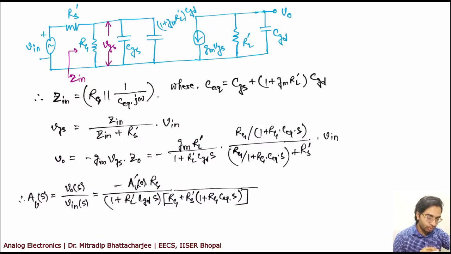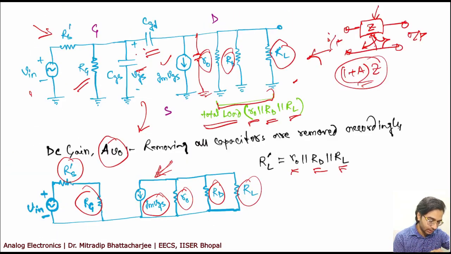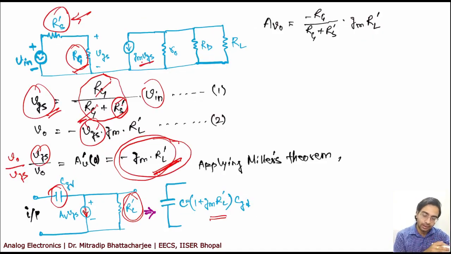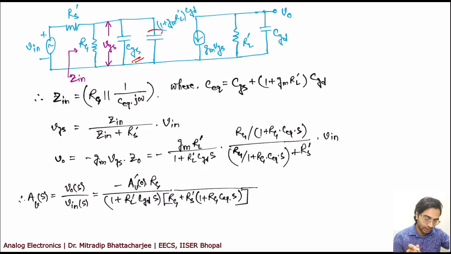So now put those capacitances in the circuit again. If you look at the circuit, you have CGS. Now a component of this capacitance will appear in parallel to CGS in the input side.